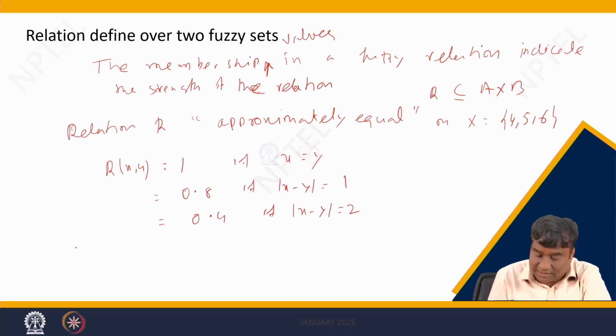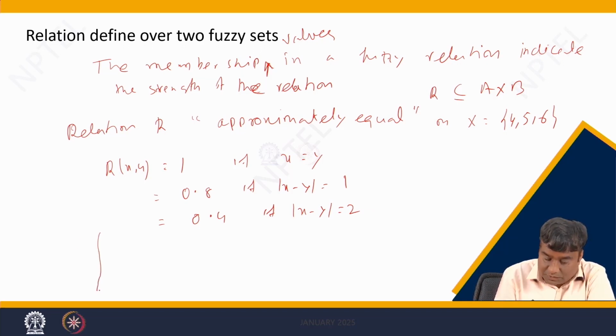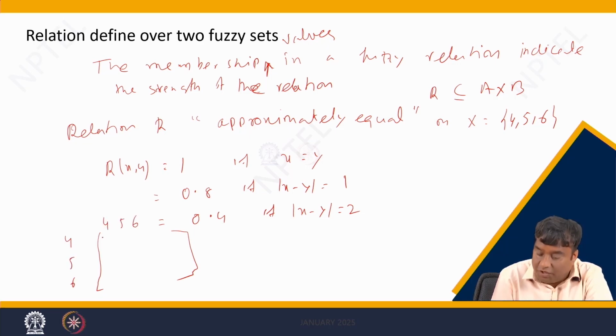So here R is, you can write, 4, 5, 6 here also 4, 5, 6. So when x equals y, for 4 equal to 4 it is 1. Now 4 minus 5 is 1, so it is 0.8. 4 minus 6 is 2, so it is 0.4.